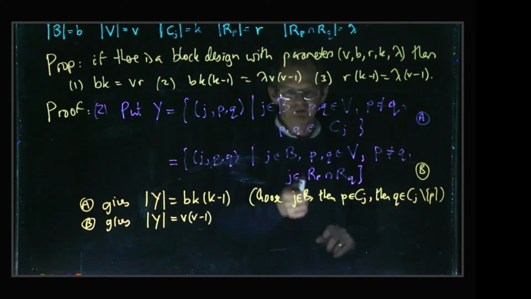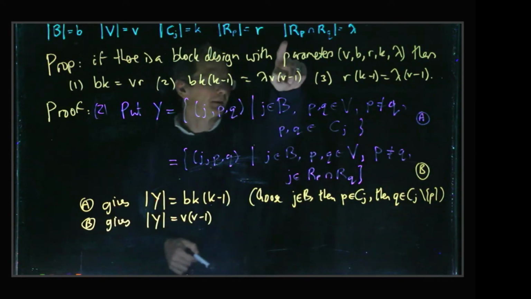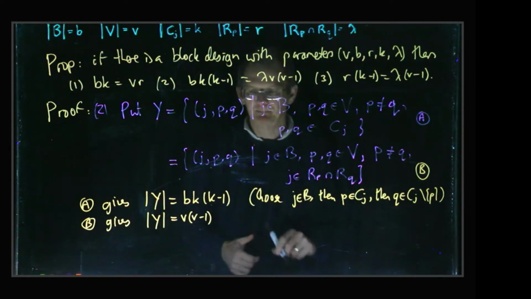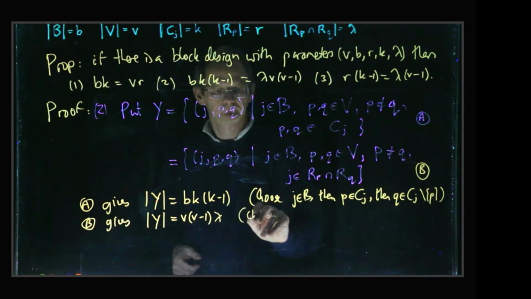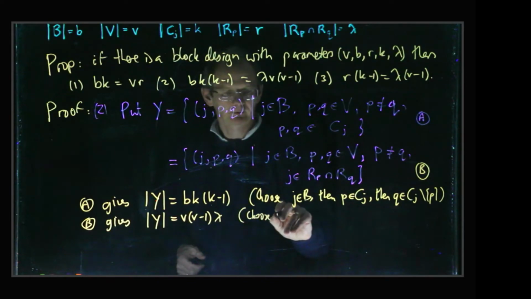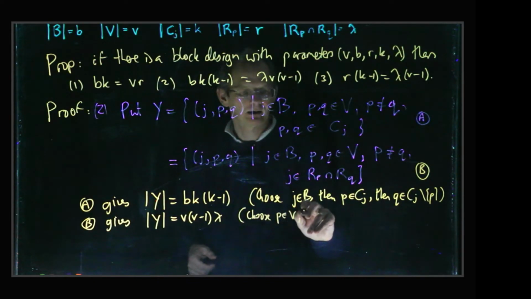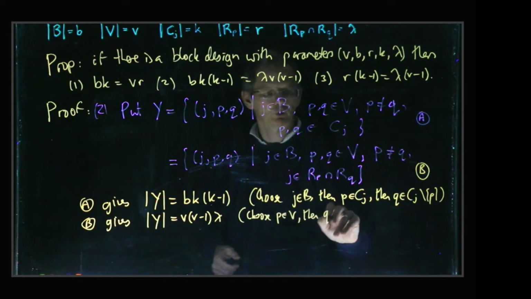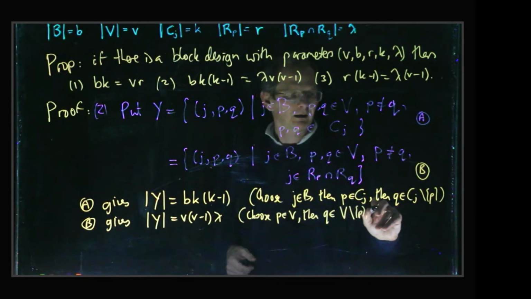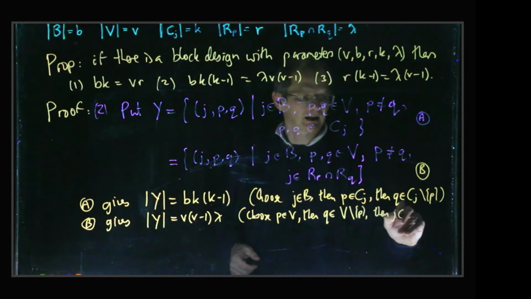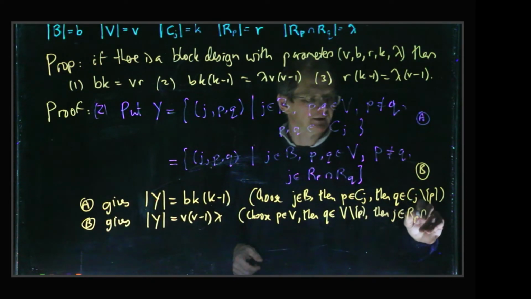And then once you've chosen p and q, we have to choose j in Rp intersect Rq. But remember that Rp intersect Rq has size lambda, so we just get lambda. That's p in V, then q in V less p, then j in Rp intersect Rq.